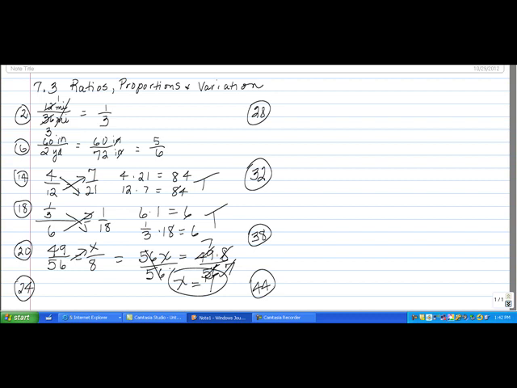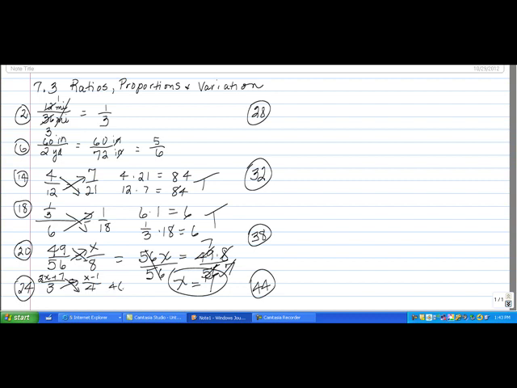Okay, and 24, see if I can squeeze it in here. 2x plus 7 over 3 equals x minus 1 over 4. Okay, we're going to do the same thing, check the cross products.